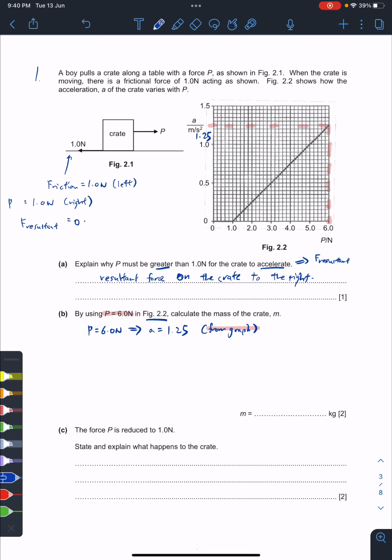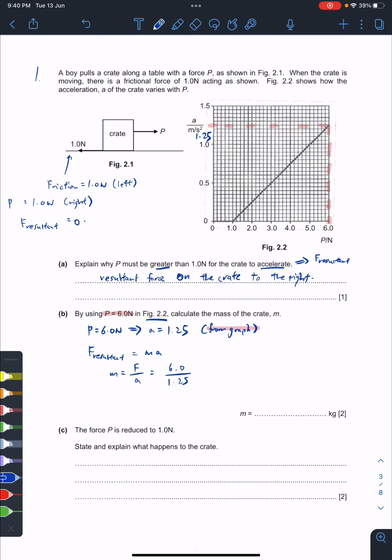Okay, cool. So F resultant equal to MA. So you want to find M. So M equal to F over A equal to 6.0 divided by 1.25. Don't get caught.